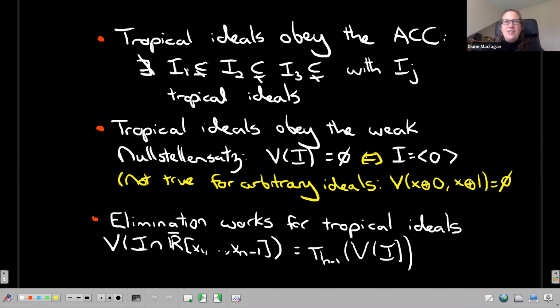If you've thought about Noetherianness recently, you might be confused, because the connection between the ascending chain condition and ideals being infinitely generated is purely formal. So what this means is there can be an infinite ascending chain of ideals, but only finitely many of them will ever be actually tropical ideals.